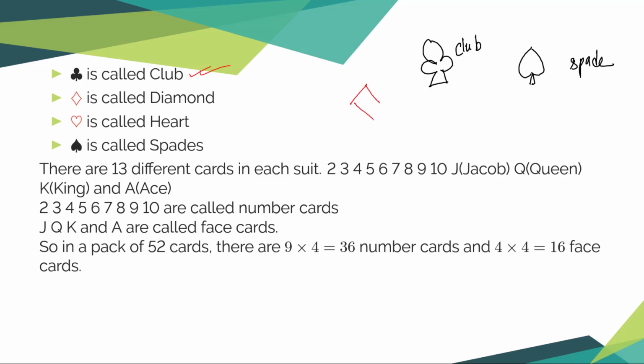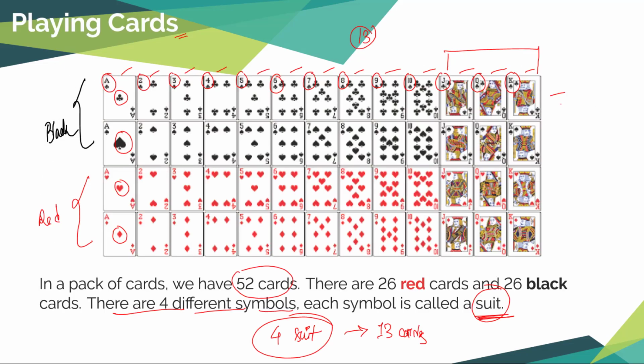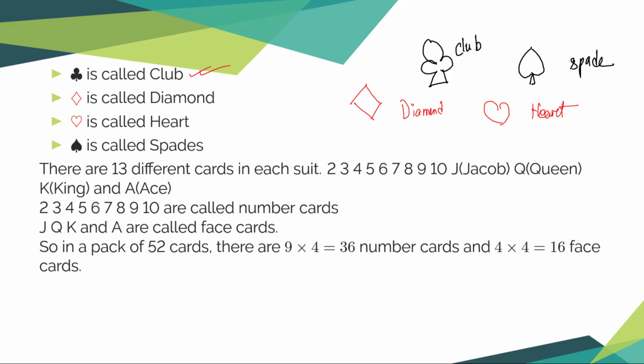A symbol like this is called a diamond, and a symbol like this, we all know, is a heart, right? So this is a club, this is a spade, this one is a heart, and this one is a diamond, right? So we have 4 different suits, 26 red, 26 black.